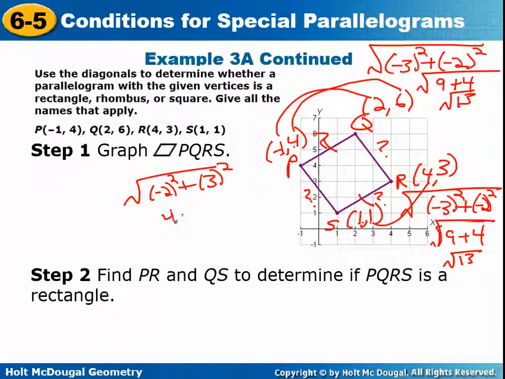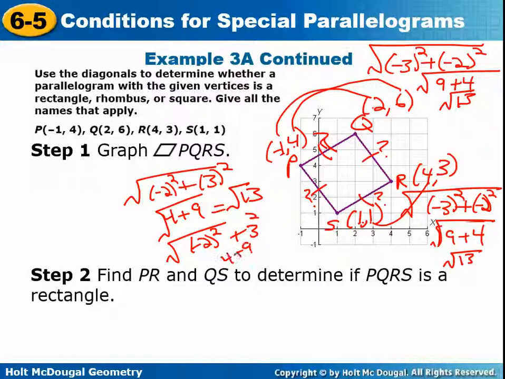So I'd get 4 plus 9, the square root of 13. And then this side, I bet, is going to be the same thing, but let's check. 2 minus 4 is -2 squared. 6 minus 3 is 3 squared. Same thing. I get 4 plus 9, the square root of 13. All sides are the square root of 13. All sides are congruent. That's enough for it to be a rhombus.